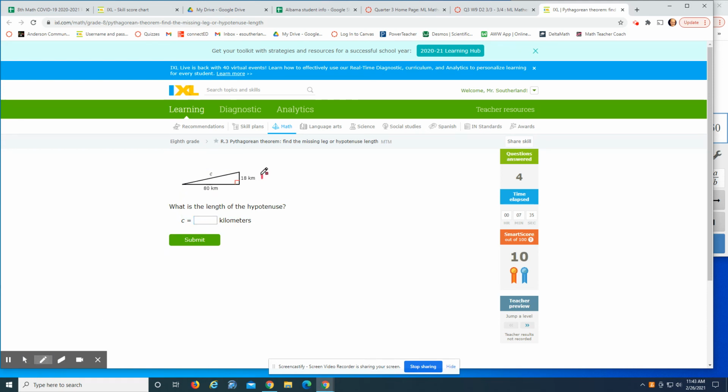So again, I always label the smallest one A and the second biggest one B. So A squared plus B squared is equal to C squared. And then we plug our numbers in. So this would be 18 squared plus 80 squared is equal to C squared.